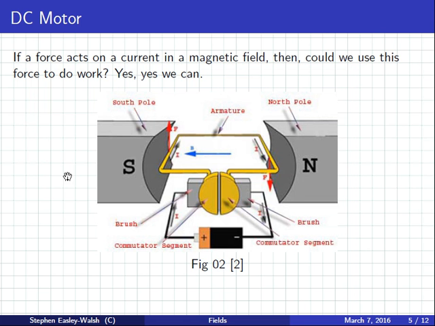We need a magnetic field, we need the commutator segment, we need a power supply, and we need this piece here which is called the armature. It's just the name of this piece. When we draw it in the exam, should we write the names? Yes. These names. Well, you don't need to write south and north because you wrote S and N, so it's obvious.